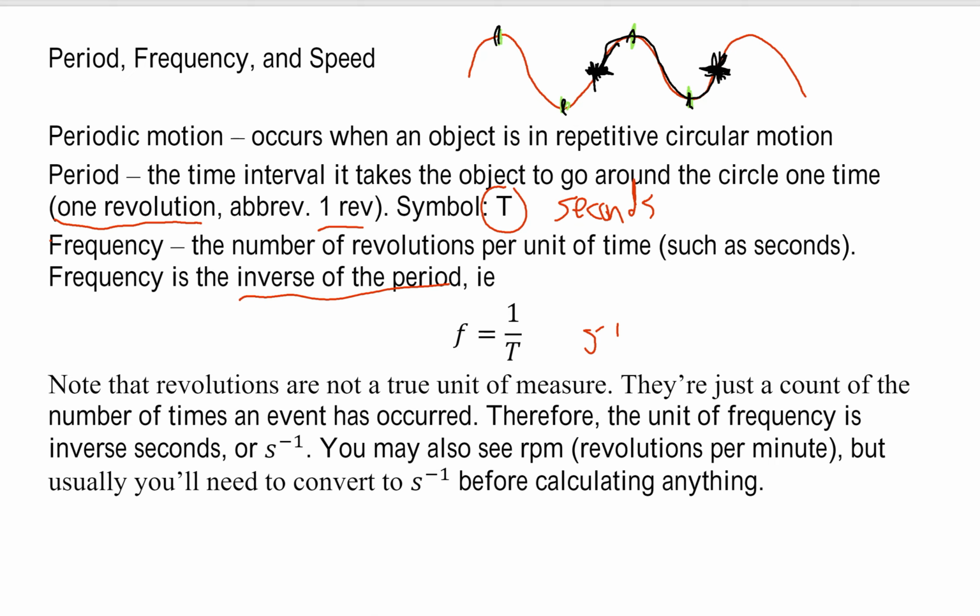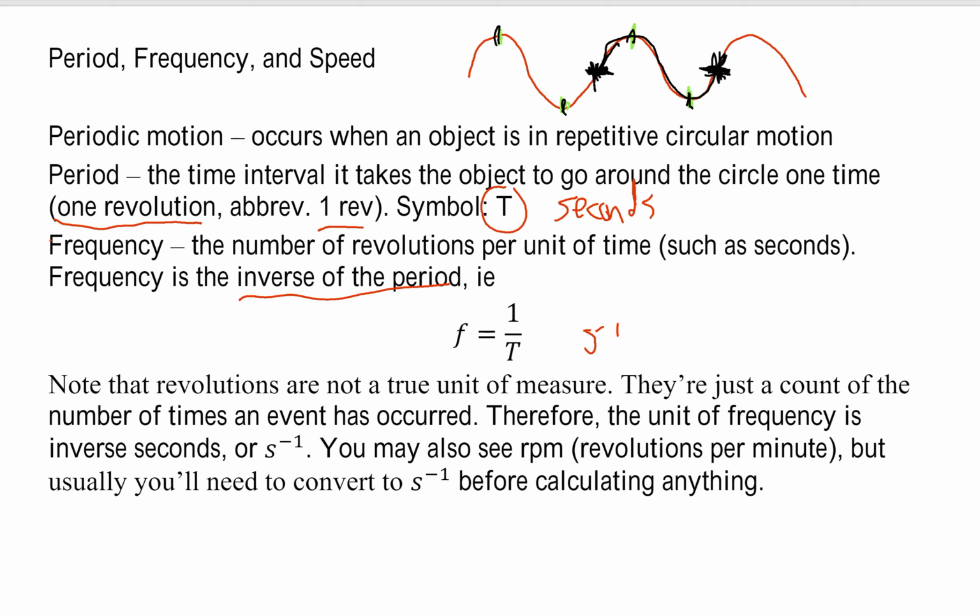So note that revolutions are actually not a true unit of measure. We would not say like revolutions per second or something. It would just be seconds to the negative 1 power. So they're just a count. It's a count of the number of times some event has occurred, like the number of times the wheel has rotated around.